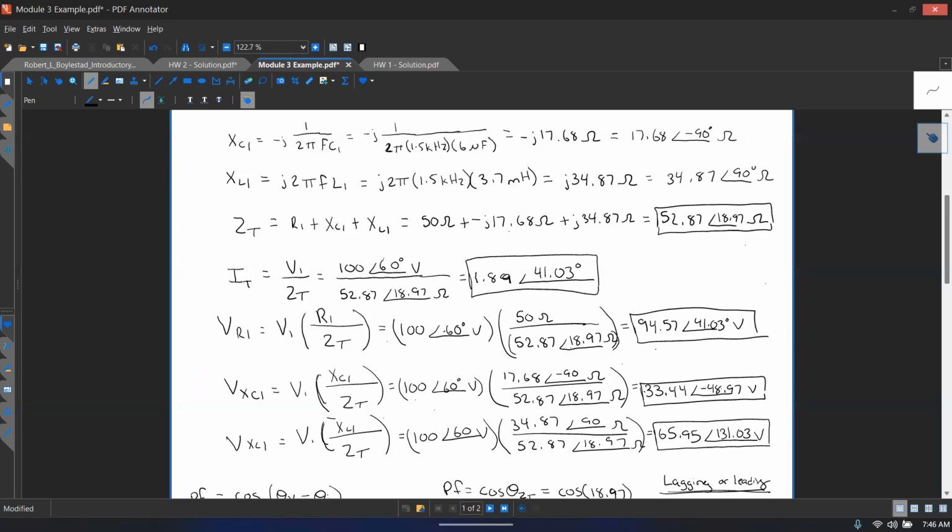If you're using the TI-30X Pro, I recommend you use this key right here that looks like two boxes on top of each other. That lets the calculator know that whatever's in the top box, the top part of the fraction, is the numerator, and whatever's in the bottom is the denominator.